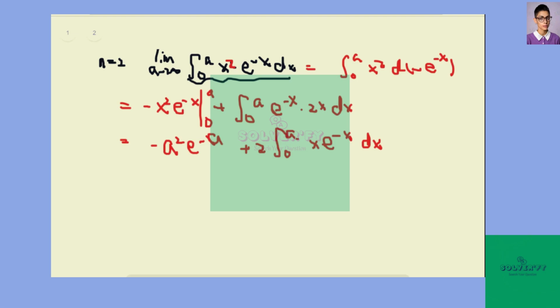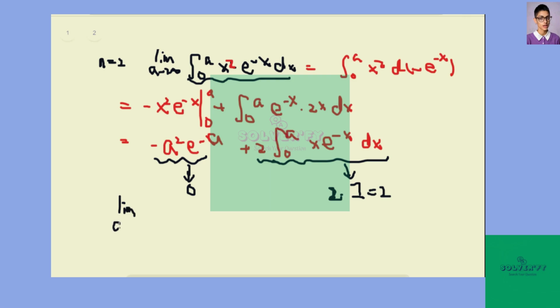And when A goes to infinity, this integral is equal to 1. So 2 times 1 is equal to 2. And this value is equal to 0. Here we also use L'Hopital's rule.